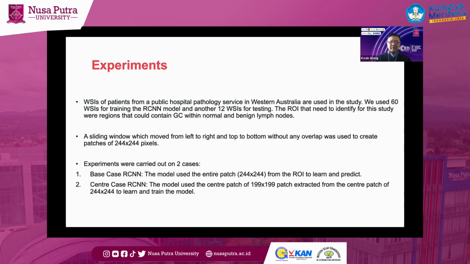So yeah, there's one thing I forgot to mention here. So obviously it is to identify the GC. What the pathologists are really interested in is to know whether there is a normal and benign lymph node. Lymph nodes are more or less next to your arm, and to diagnose lymph node cancer can sometimes be challenging. So that is one of the key things that they want us to look at.